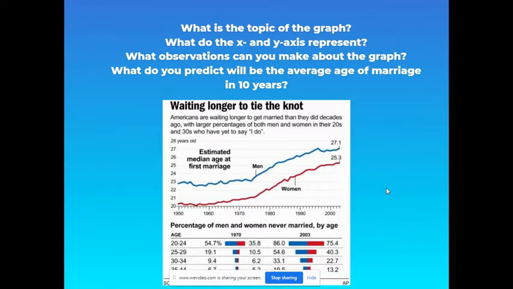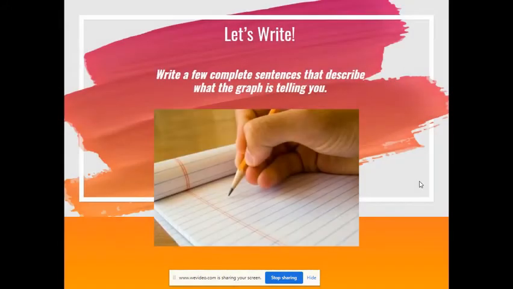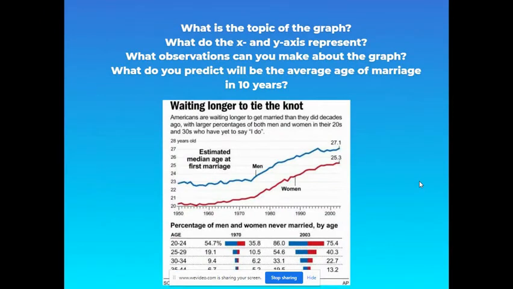What do you predict will be the average age of marriage in 10 years? So now, what I'd like to do is write a summary of what that graph was telling you. And we'll do that as a question on the Edpuzzle. I'll go back to the graph so you can look.